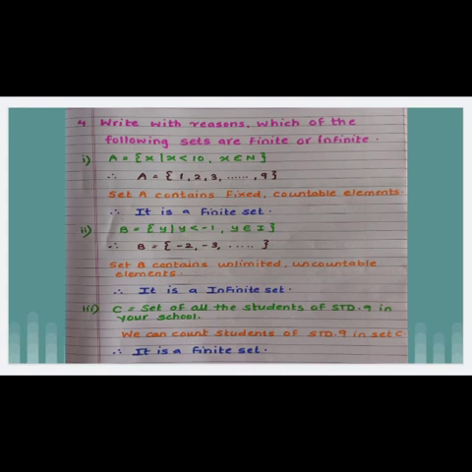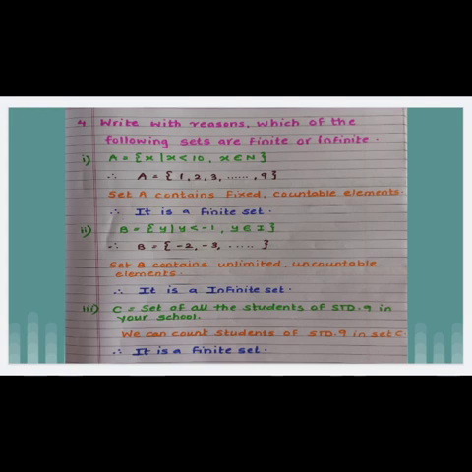So therefore in listing form B is equal to {-2, -3 and so on}. So on means infinite elements. That means set B contains unlimited, uncountable elements. Therefore it is an infinite set.